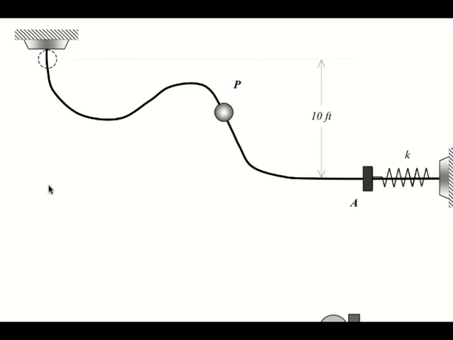Okay, so if I break this up into time 1 to time 2, this takes us up to impact. And then from 2 to 3, that's the time during which impact occurs.